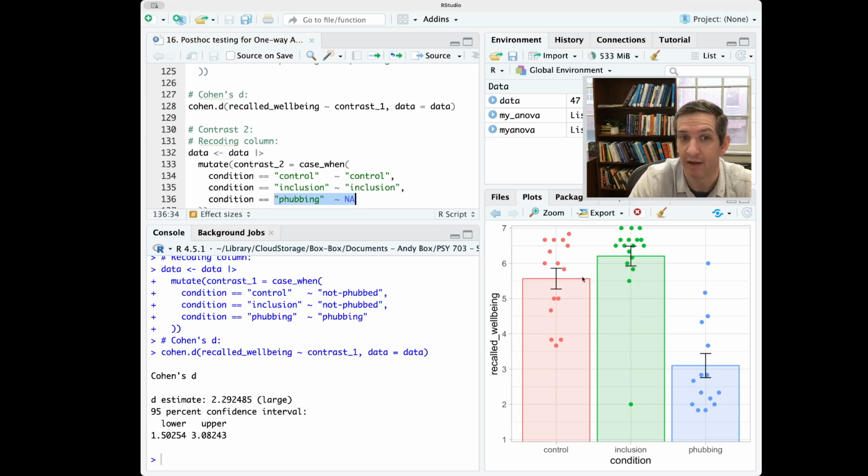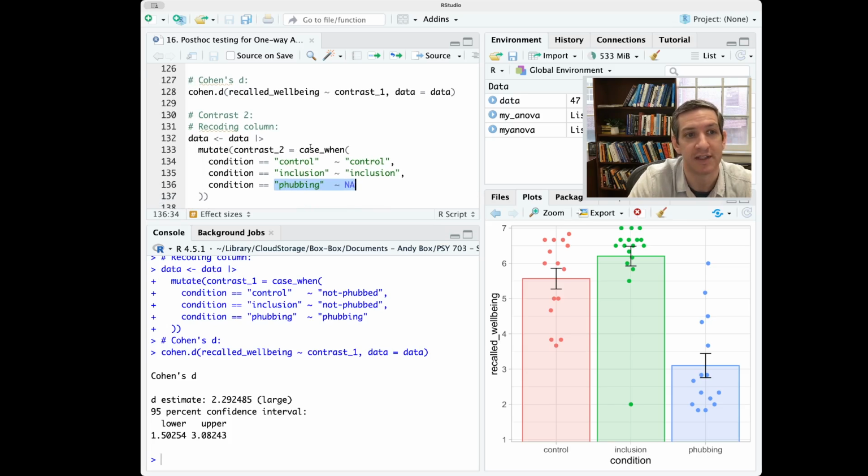We're only comparing the red bar and the green bar here. And so to do that, we're going to use case when again, and we're going to tell it you can keep the control condition the same as the control condition. Inclusion is still inclusion again, but anyone who is fubbed, we're just going to set that to missing so that it doesn't participate in this contrast and doesn't go into the effect size that we're about to compute here.